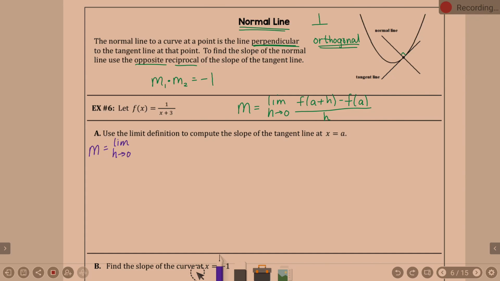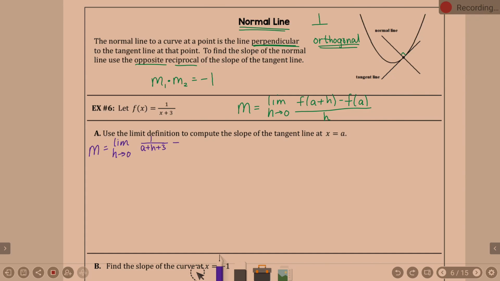Yes. Every place I see an x, I'm replacing with a plus h. So 1 over x plus 3 is 1 over a plus h plus 3. Now, the a plus h could be in parentheses, yes. They don't have to be here because we're just adding 3. Minus f of a.